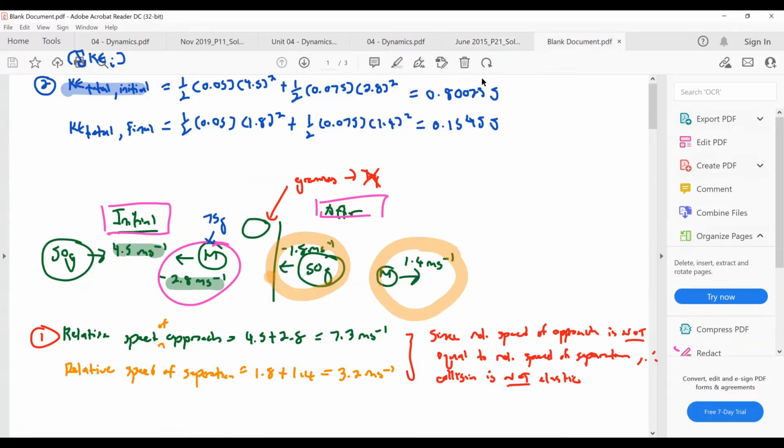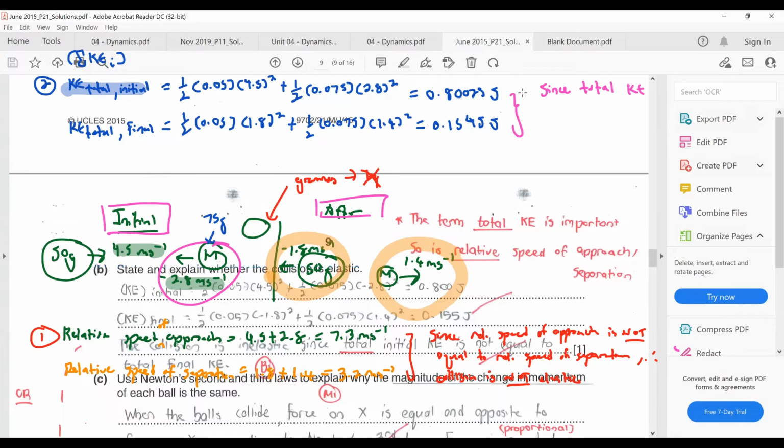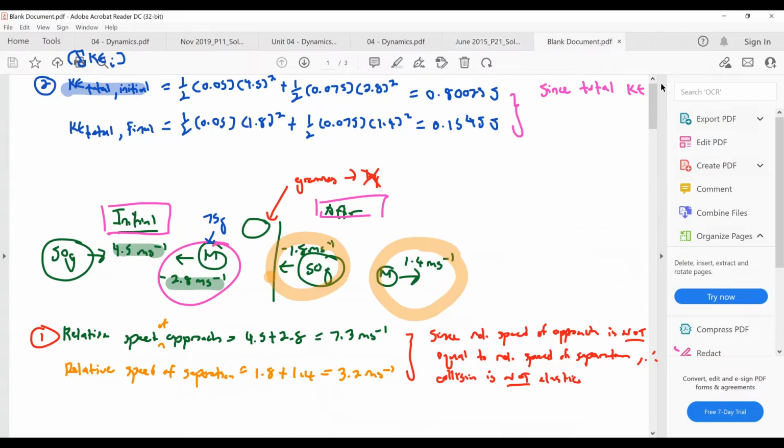Right, so from here, you can then say that since total initial KE is not equal to total final KE, therefore collision is inelastic.